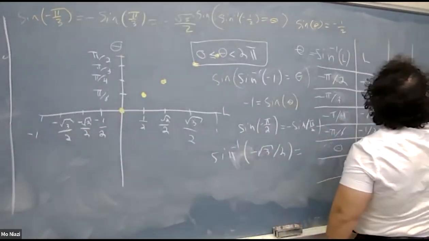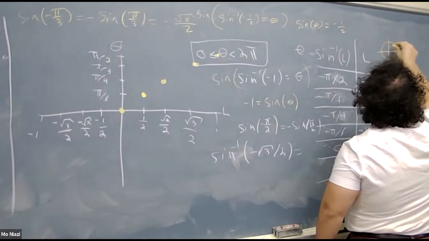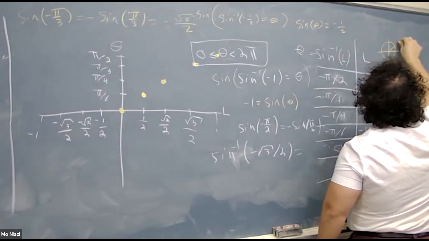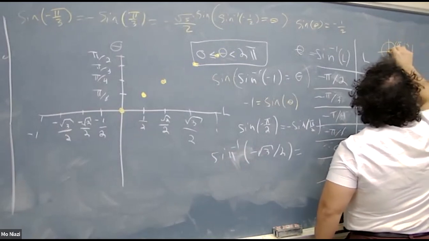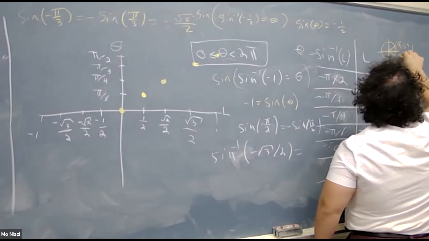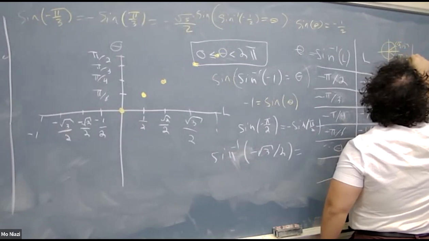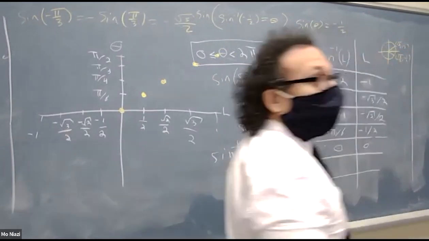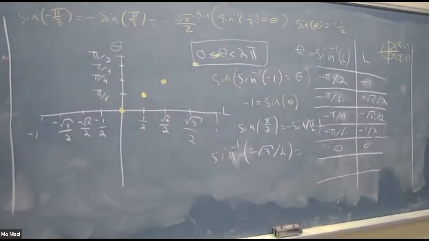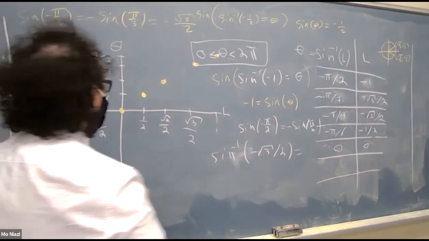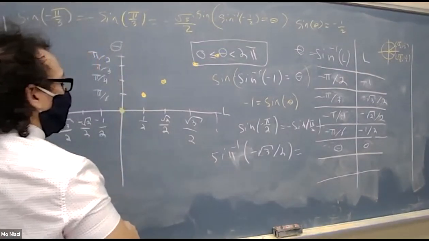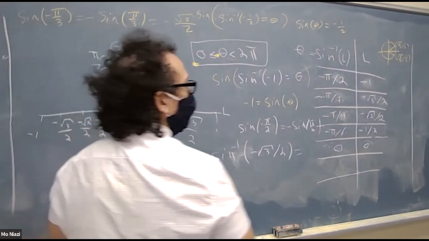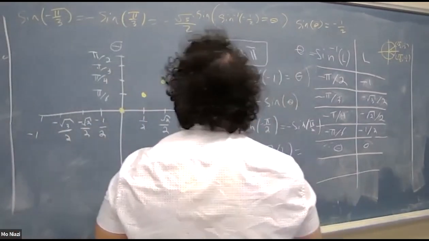Because in a unit circle, at positive pi over 6, cosine is root 3 over 2, sine is 1/2. But at negative pi over 6, cosine is root 3 over 2, but then the sine becomes negative 1/2. So that means now when I plug in a negative 1/2, I should be getting a negative pi over 6.